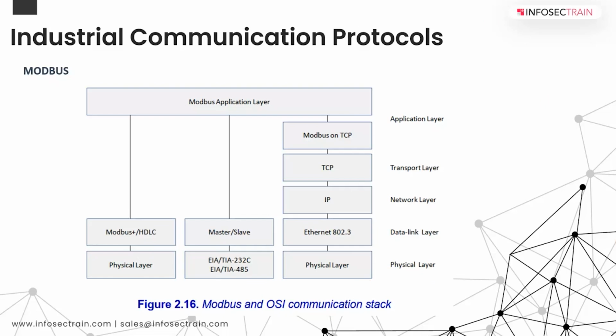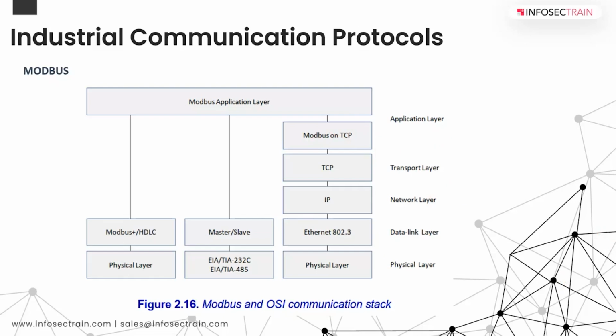Then, in order to integrate with modern systems, especially the TCP/IP networks of the IT that we have, Modbus over TCP was developed. This happened somewhere in the late 90s or early 2000s. And at present, it is one of the most widely used protocols in many different types of industries, especially critical infrastructure.